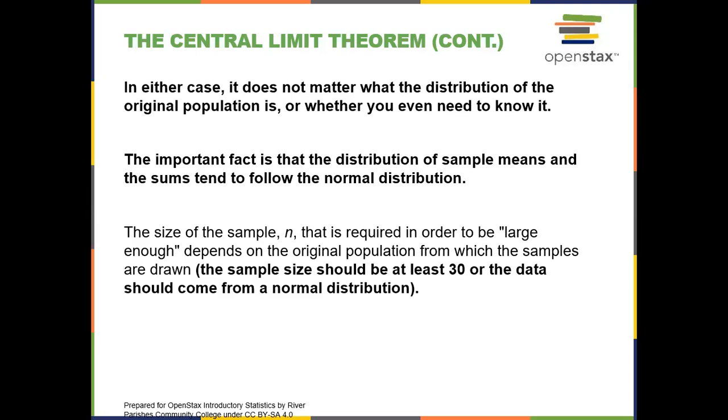The size of the sample n, remember each sample was of size 36, that is required in order to be large enough depends on the original population from which the samples are drawn. The sample size should be at least 30 or the data should come from a normal distribution. That's why I selected a sample of size 36, which is greater than or equal to 30.